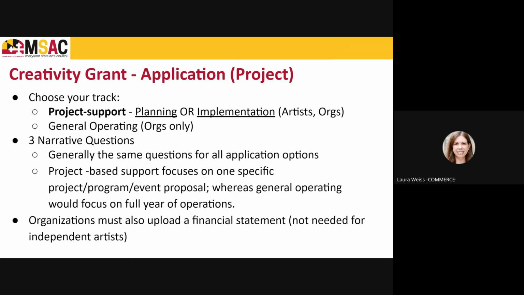If you were to apply for the general operating support application as an organization, that's really looking at the full year of operations. So those are just some distinctions between the different applications. Additionally, if you're an organization applying for the project support or the general operating support, you would have to upload a financial statement that's part of the application. This is something that is not needed if you are an independent artist, so you don't have to worry about that.